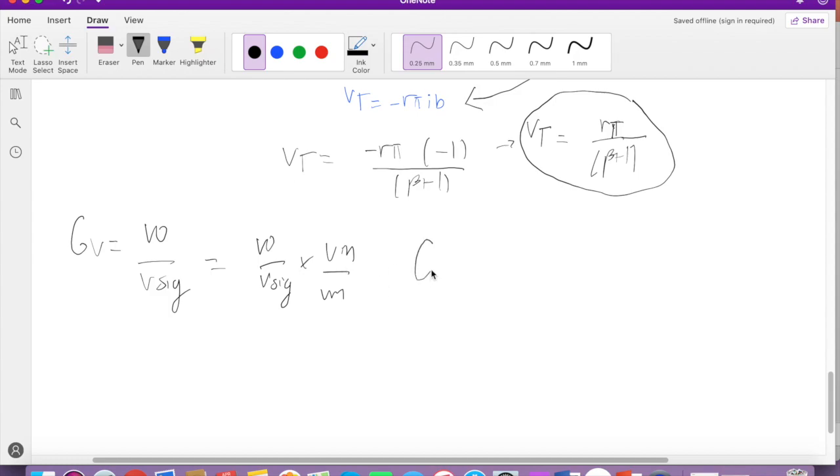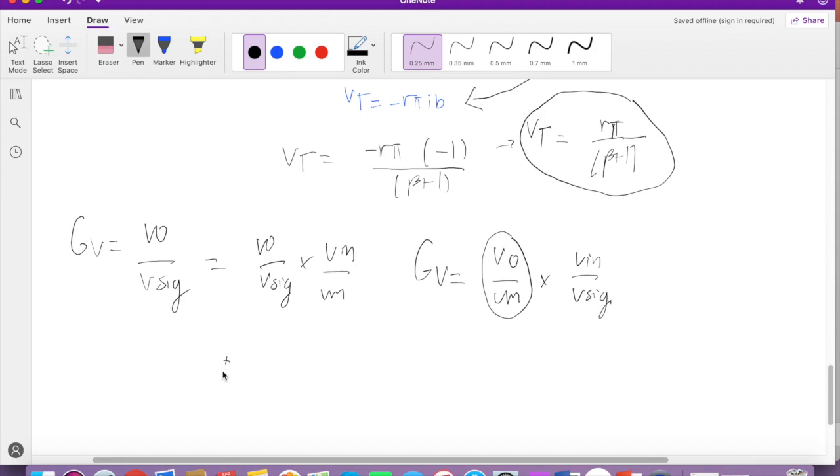So our overall voltage gain becomes V naught over V in times V in over V sig. This makes it a lot easier because we've already found our voltage gain from earlier, and V in over V sig is a very simple computation.